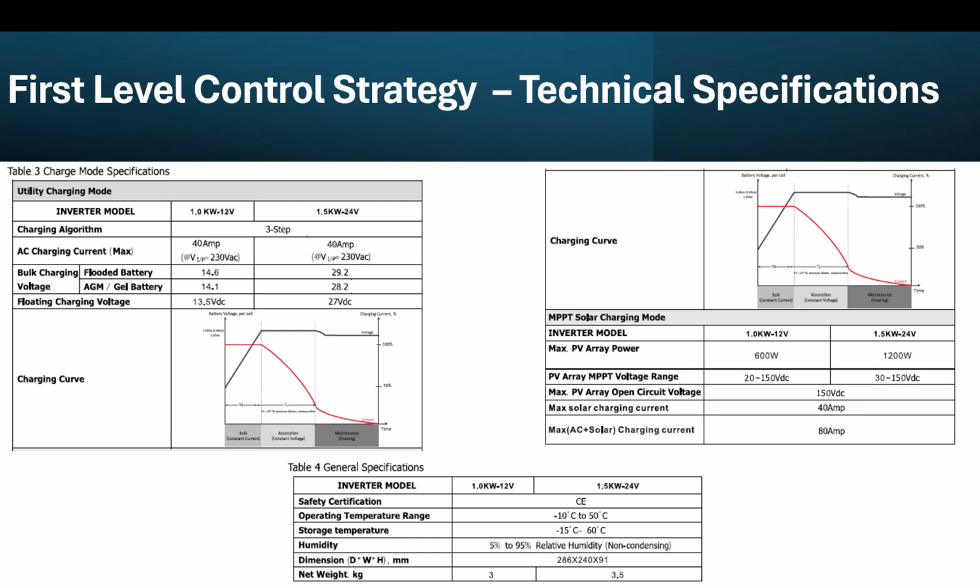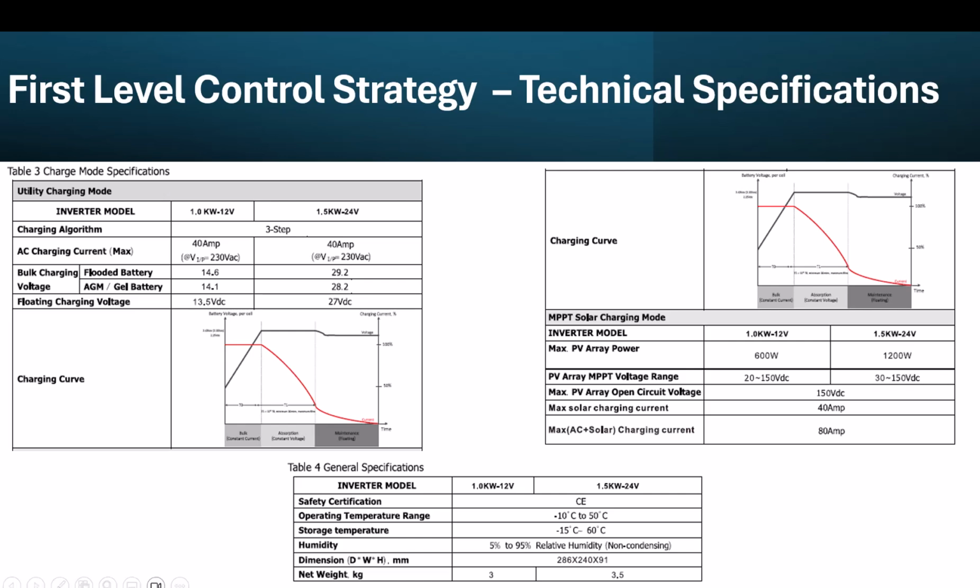When it comes to the open circuit voltage, meaning when your panels are not producing anything, simply when you measure the voltage of your panel, and if you connect these panels in series, for example, they should not exceed 150 volts DC.